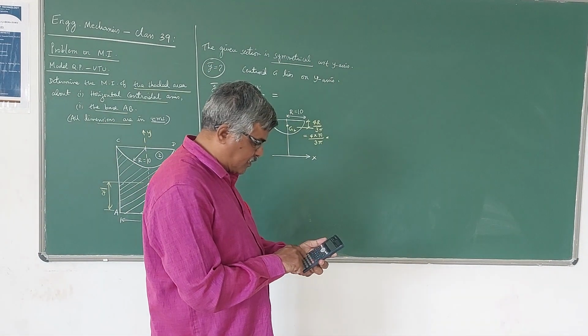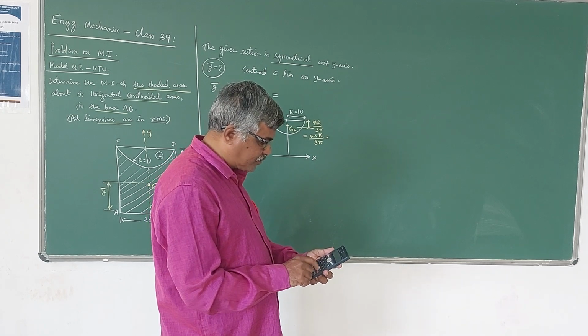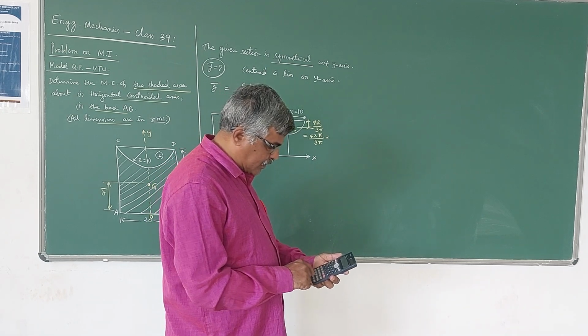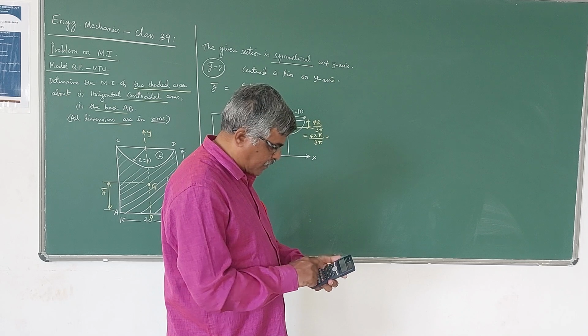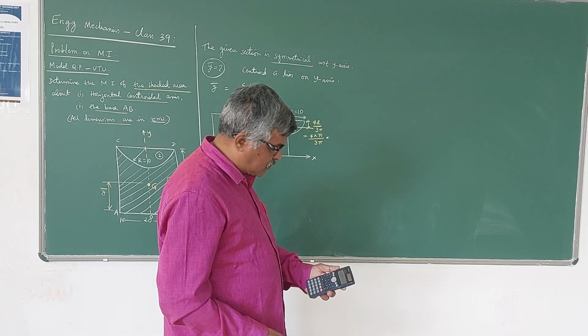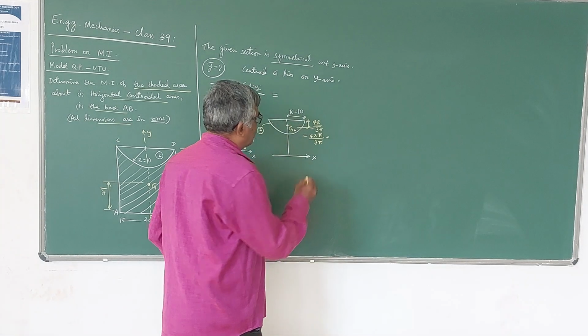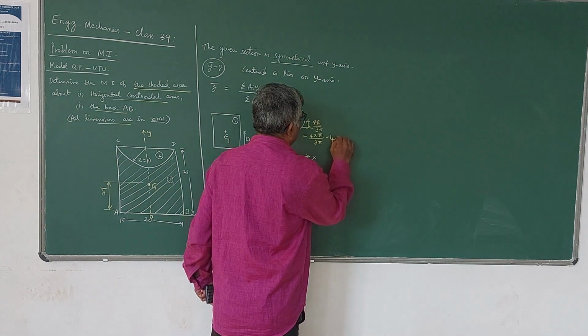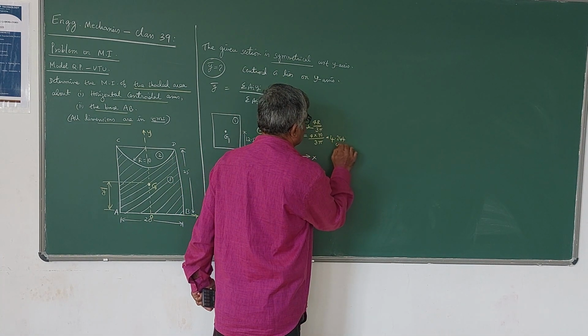40 divided by 3 into pi comes out to be 4.244 centimeters.